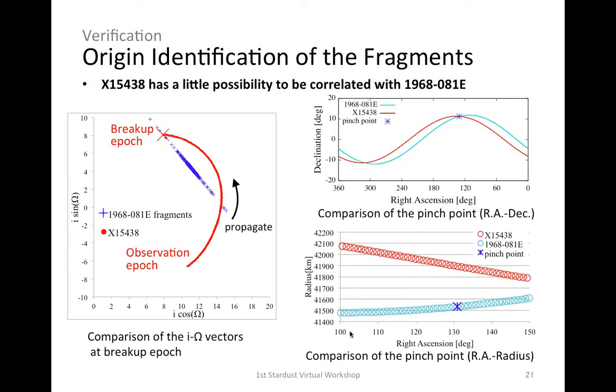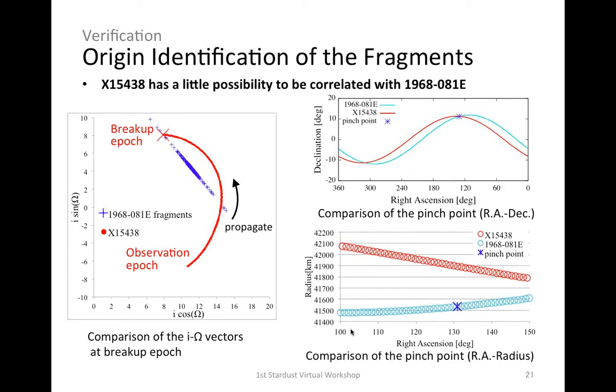Also, another object, named X15438, has a small possibility of being correlated with the target object.